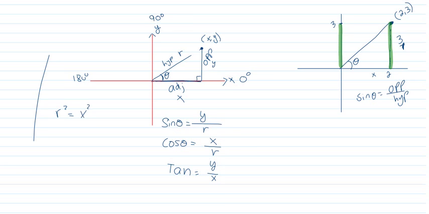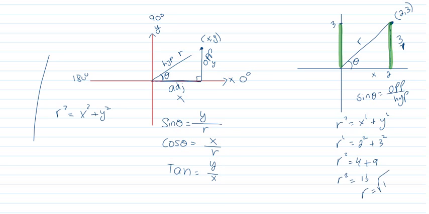Because I know what x is, I know what y is, I can find r. Do you want me to do it with that example right there? Let's find r here. How can I find r? So I do r squared equals x squared plus y squared. X is what? X is 2. So 2 squared plus 3 squared, which is 4 plus 9, which is 13. So r is the square root of 13.